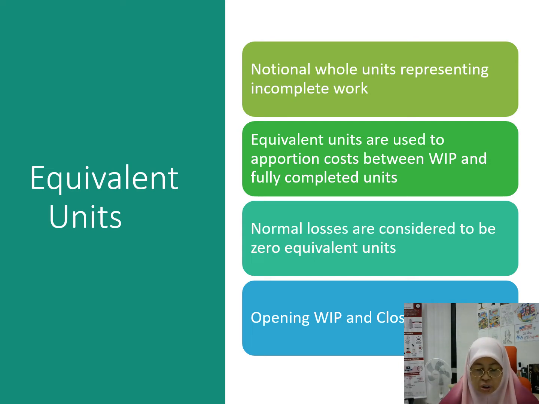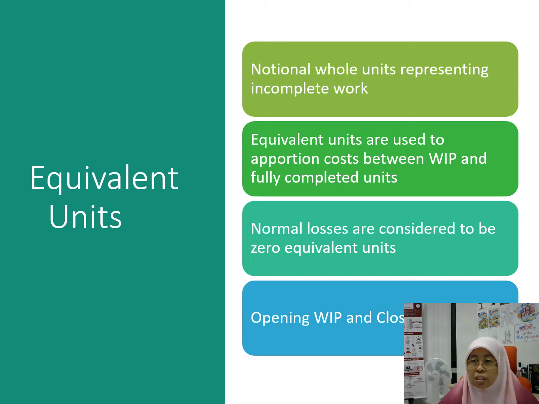The production cost now will relate to the units started in the previous period, which is the opening work in progress, the units started and completed during the period, which is the completed production of the current period, and the units incomplete at the end of the period, which is the closing work in progress.